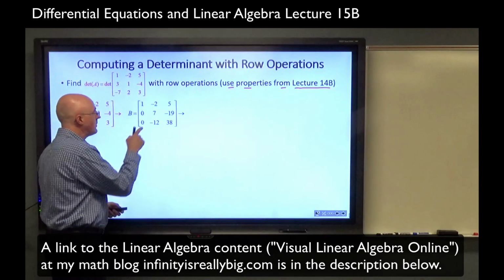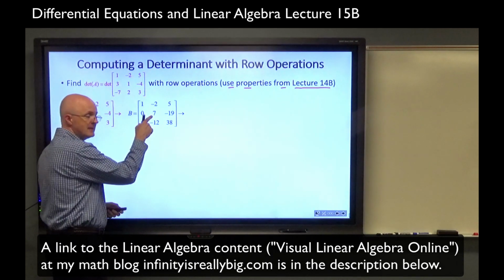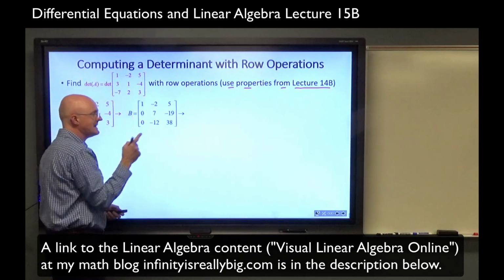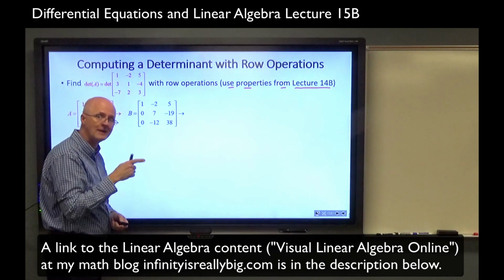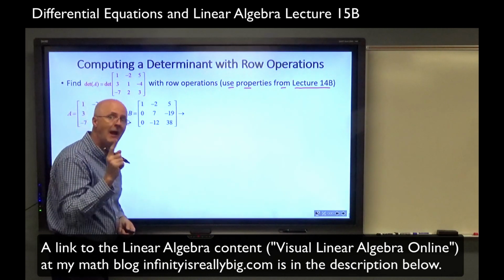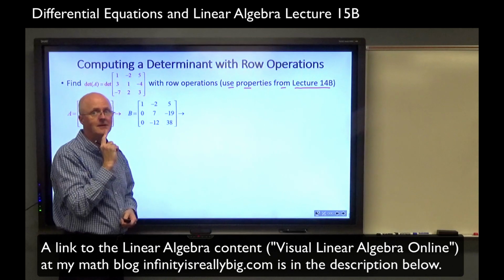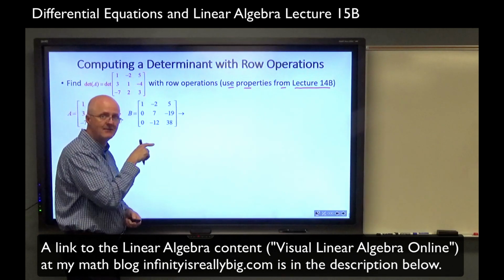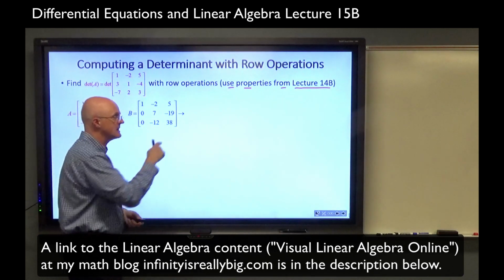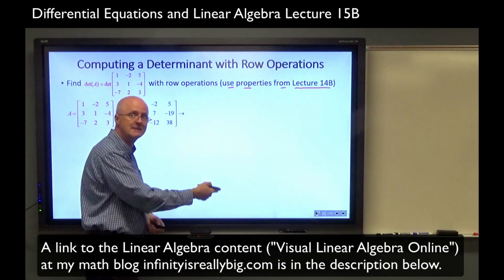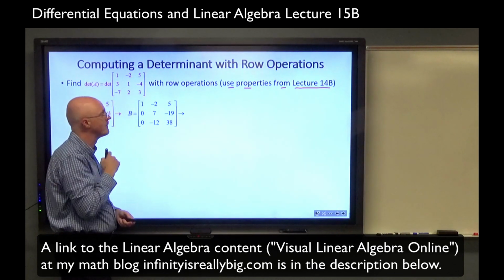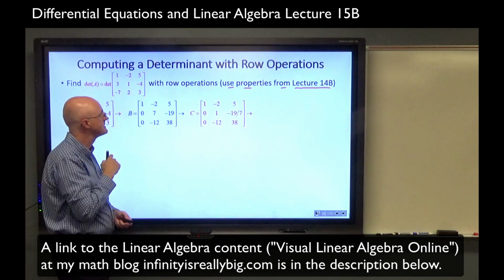I will try to get a leading one here in this spot, in this pivot position. My next step is I'm going to multiply row 2 by 1/7. That will change the determinant. If I multiply a row by 1/7, in this case row 2, I'll get a new matrix whose determinant is 1/7 the original matrix. Here's the new matrix.